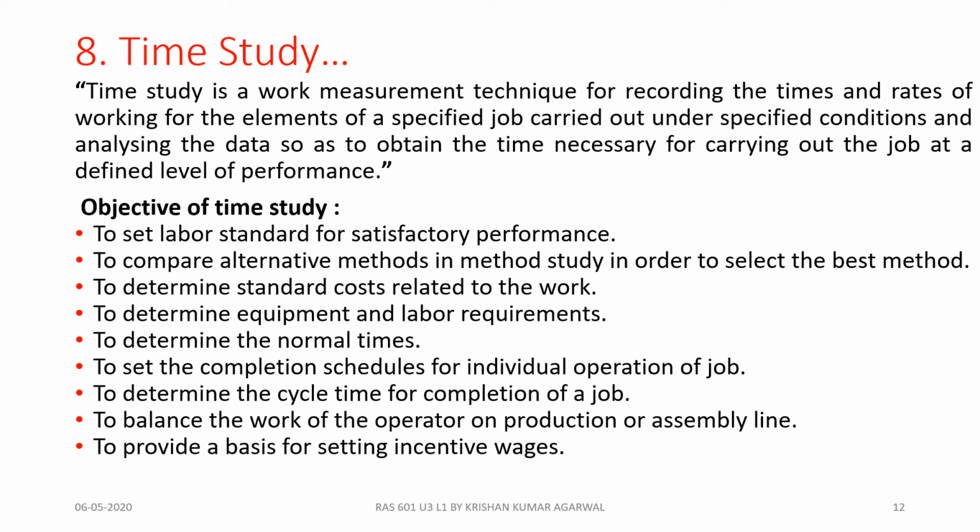Ultimately, all these objectives point towards the technique. The basic technique is to study the time taken in all the operations and reduce the total cycle time. By reducing this total cycle time, one can improve the method.